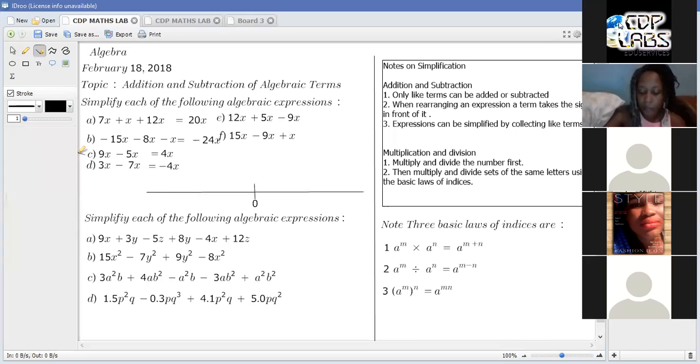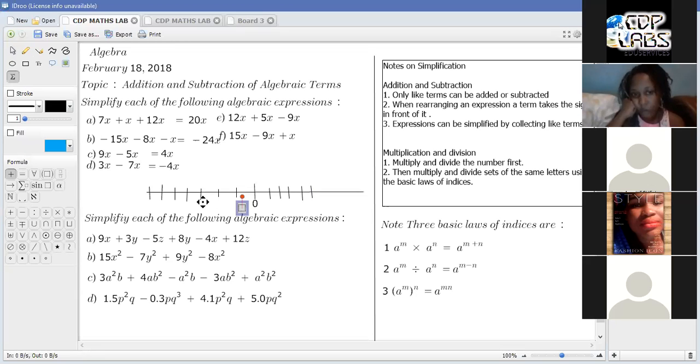So we're going to have negative 1 here, negative 2, negative 3, negative 4, negative 5, negative 6, negative 7, right? And we're going to have 1 here, 2, 3, 4, and 5. Now let me put in the values first.